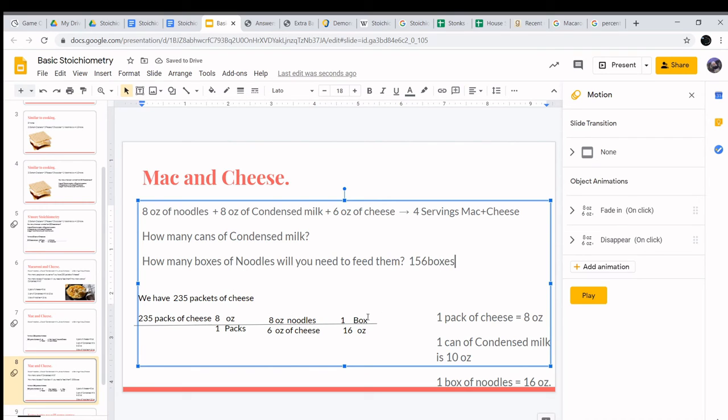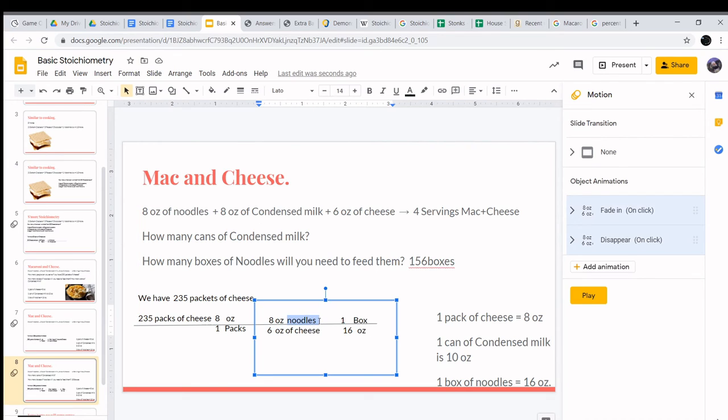Okay, now let's go ahead and do this same process, but we're going to figure out cans of condensed milk. Okay, now this again is condensed milk. All right.